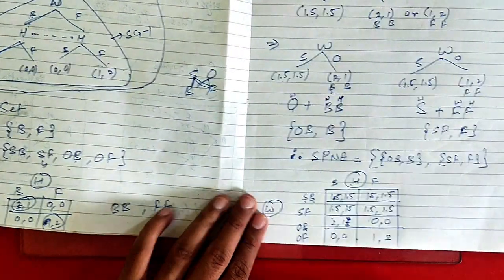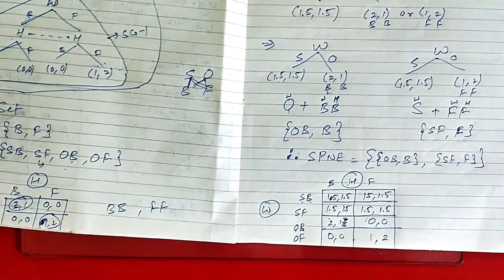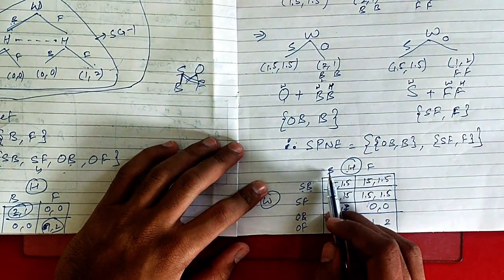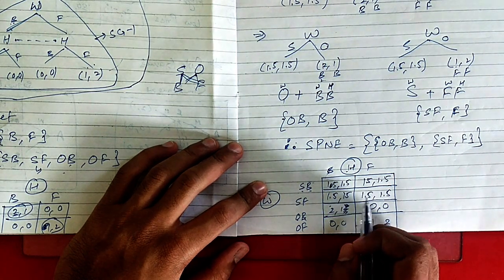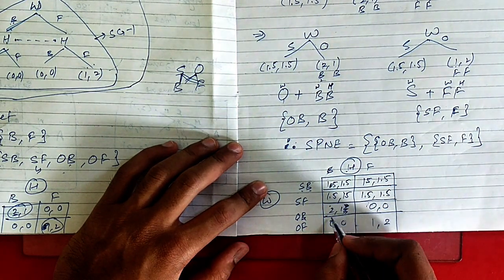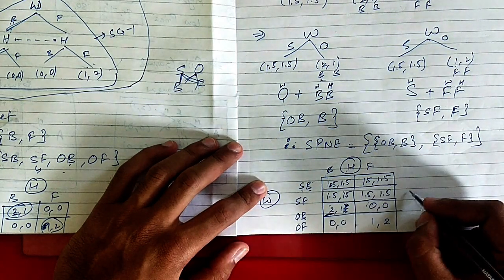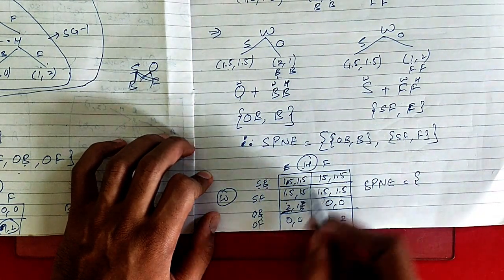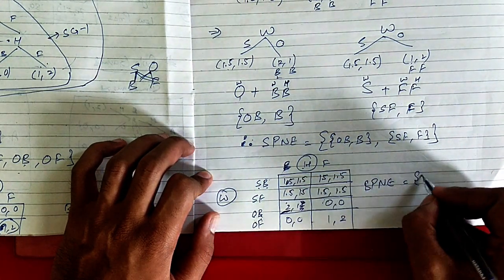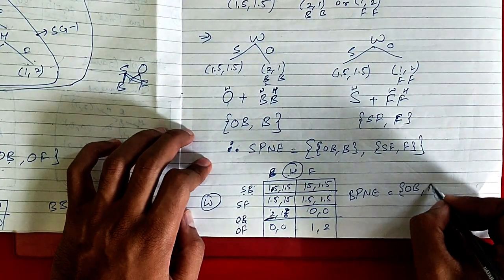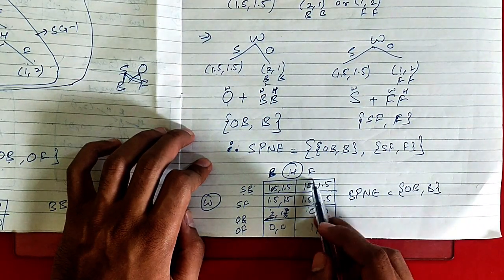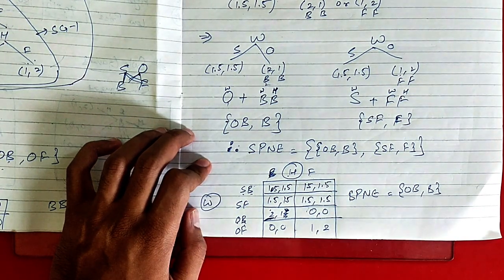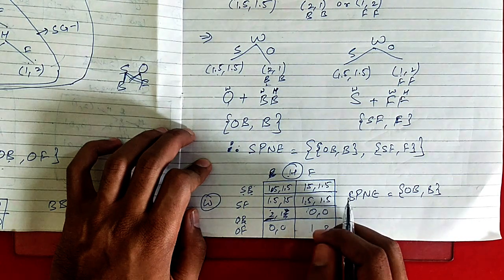So therefore, if you also want to find out from here, from the underline method, you will get that if husband chooses ballet, what will wife choose from this? Obviously 2. So first SPNE will be OB and B. Now similarly, if husband chooses F, she has a choice between 1.5, 1.5, which is the same.